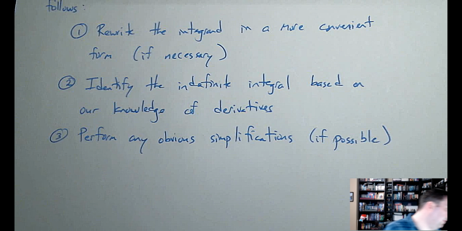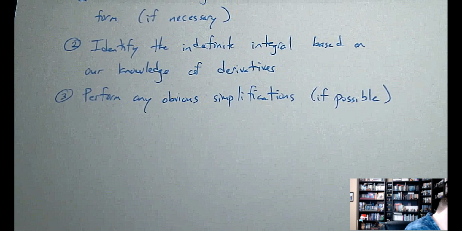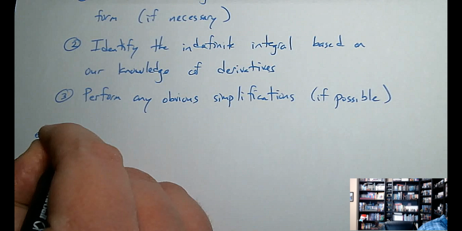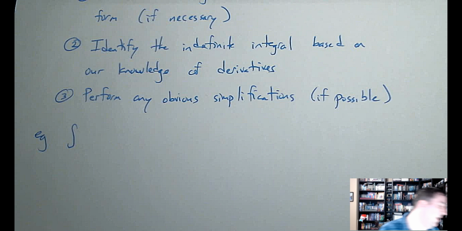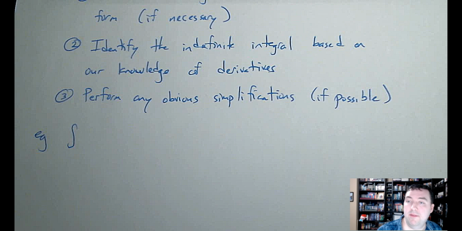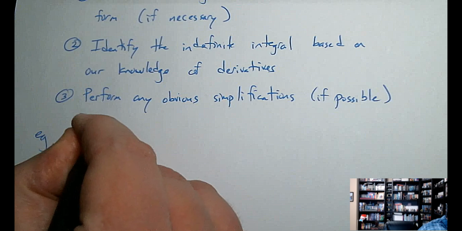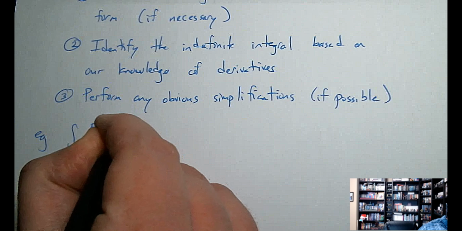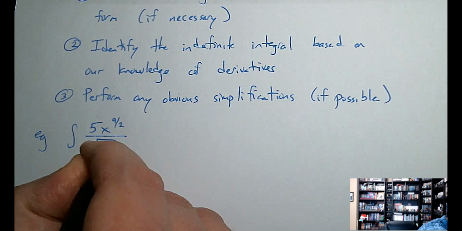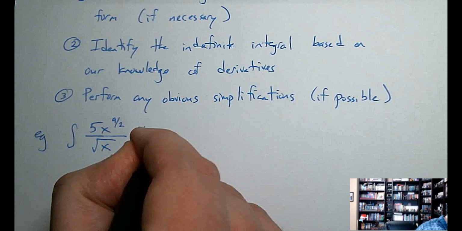So for example, let's suppose I wanted to find the indefinite integral of the function 5 times x to the power of 9 over 2, all over the square root of x.